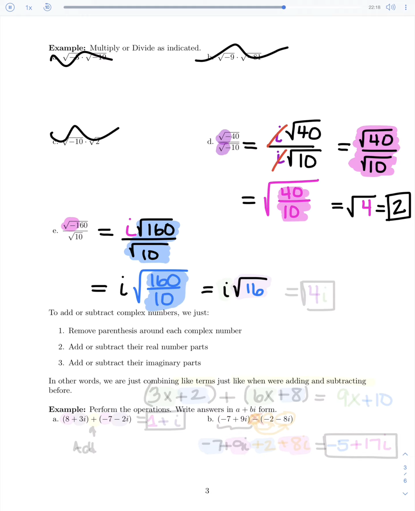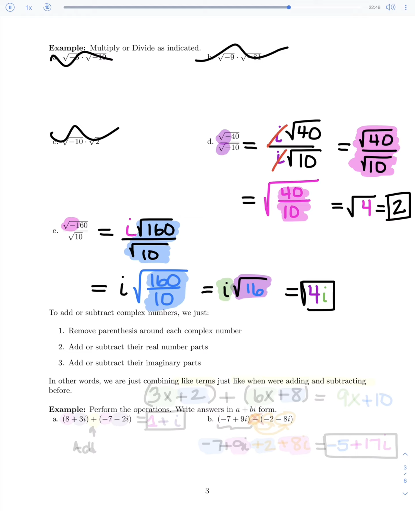Now we can take our square root. Taking the square root of our 16 will come out as a 4. But remember, we already had the i there, so it'll actually become a 4i. And that's our final answer. Our final answer for this whole thing on E is 4i.